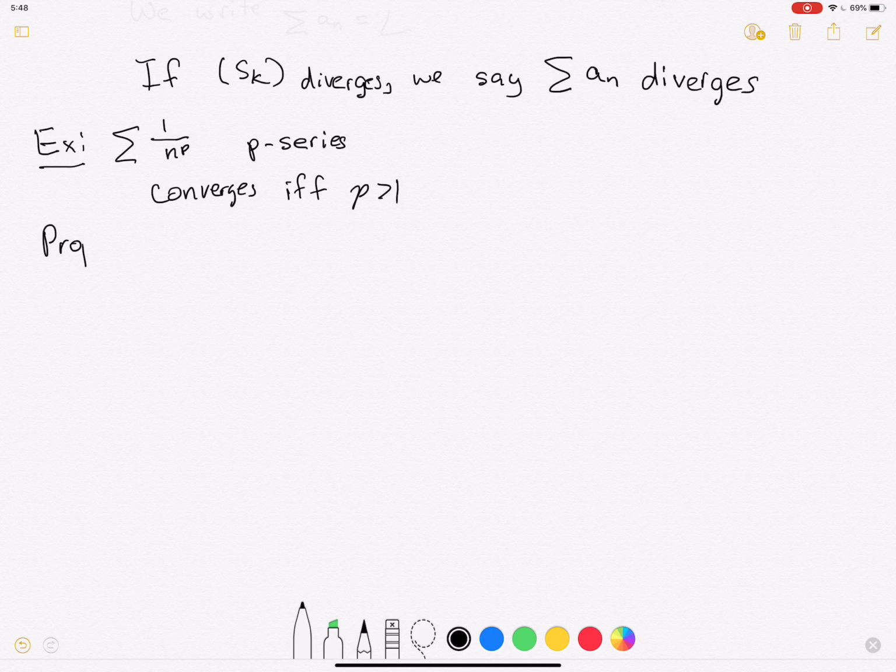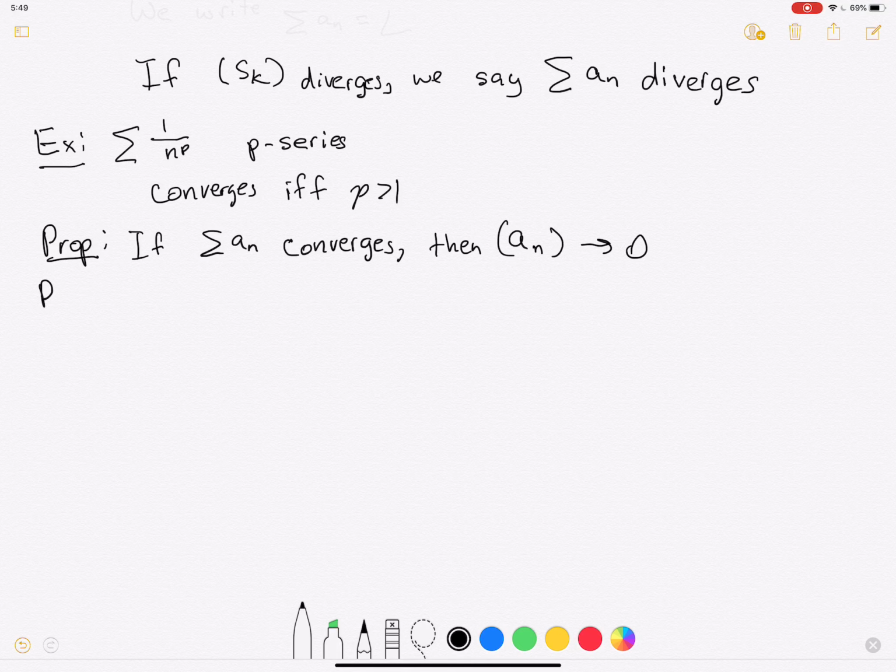So, proposition: if a_n converges, then the sequence must have a limit of 0. Proof. Suppose the series converges.